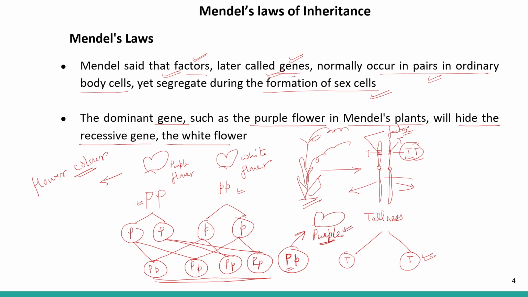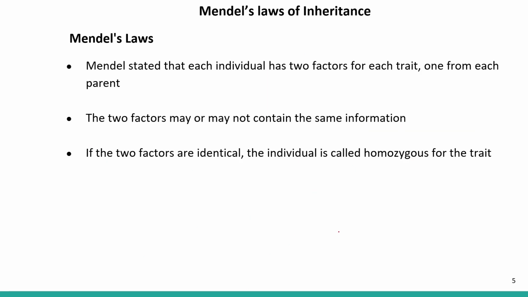Okay, so Mendel stated that each individual has two factors for each trait. This we have already discussed, that each individual has two factors for each trait or character. This trait is also known as character. For example, tallness, flower color, right? So these are the trait or the character.